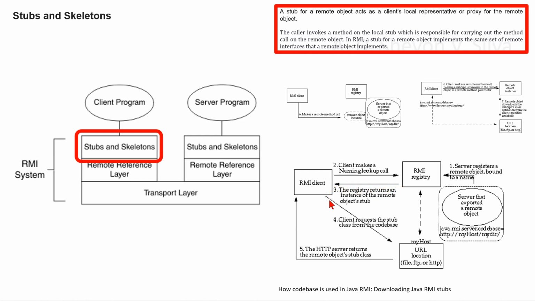Here the RMI client is connected to the URL location and my host, and the client requests the stub class from the codebase. Then the HTTP server returns the remote object's stub class. Here the host, or URL location, interacts with the RMI registry.